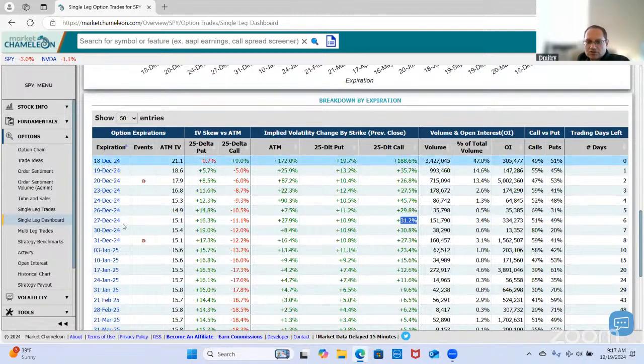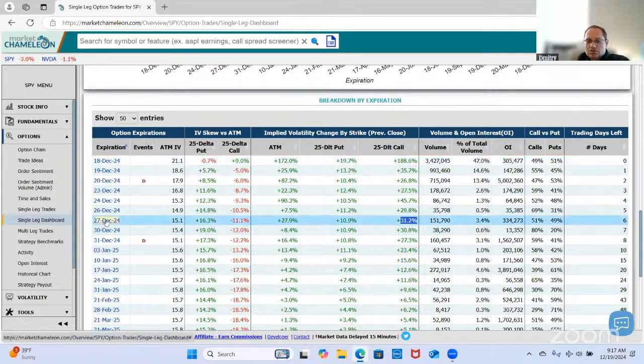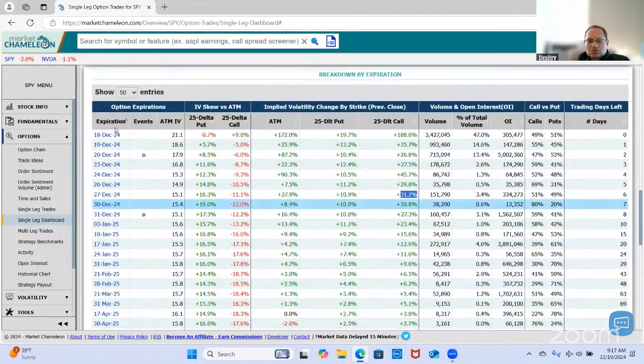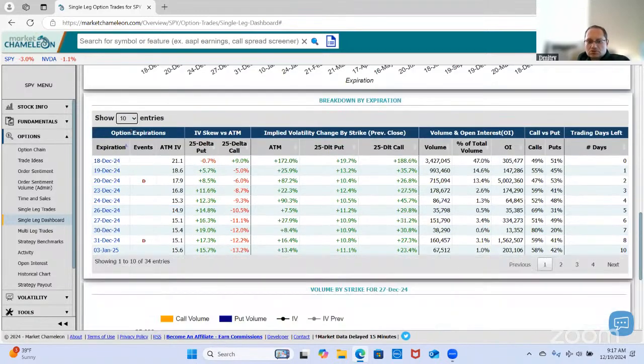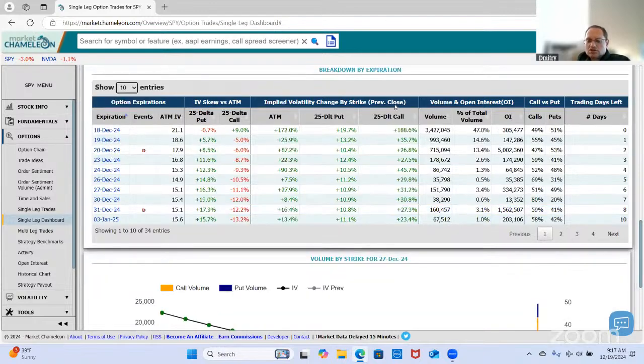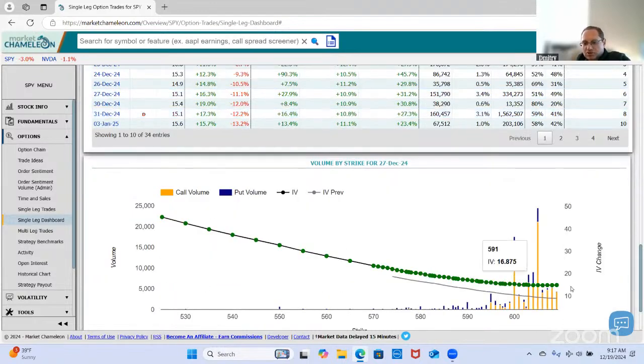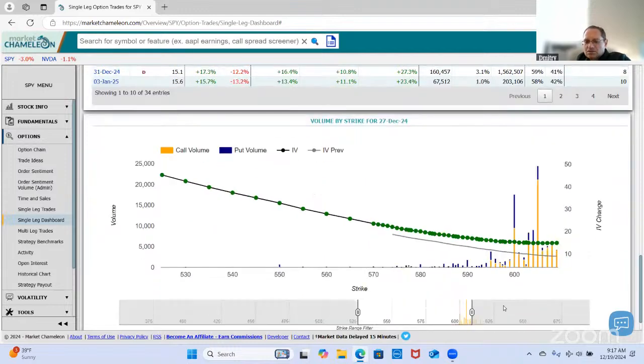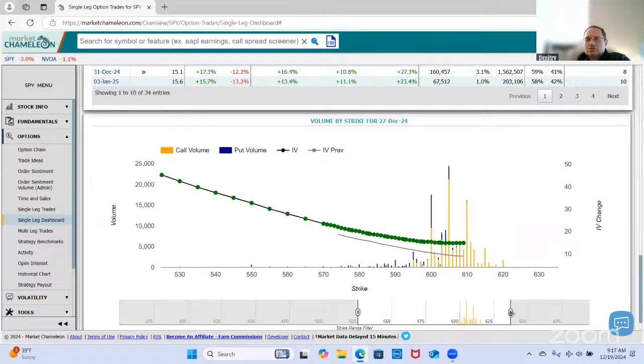So if I click on this December 27th, let me just make this table smaller. We get this new table below, and you can expand it here. Let's just expand it a little bit.